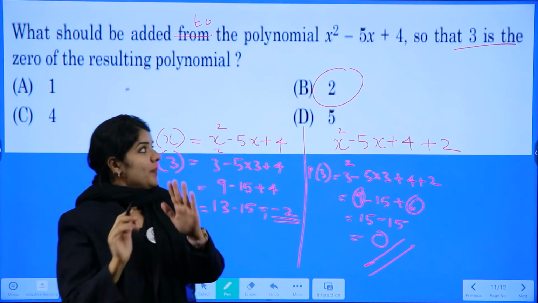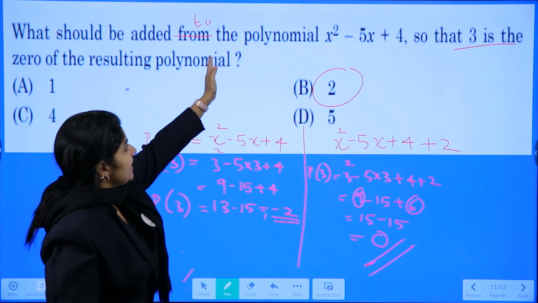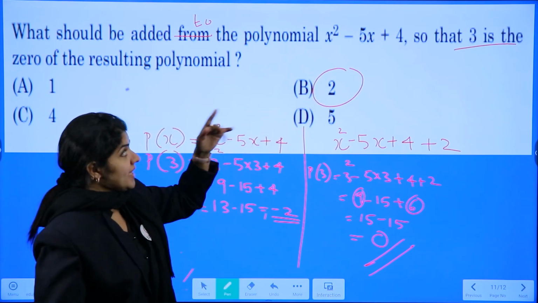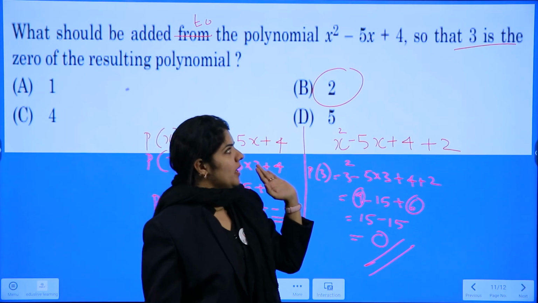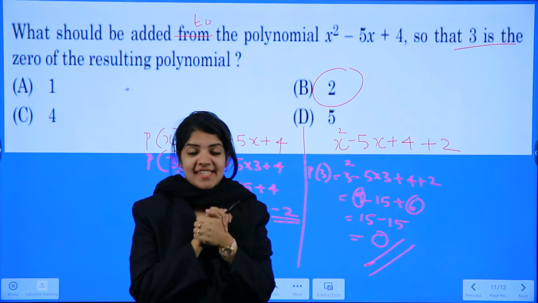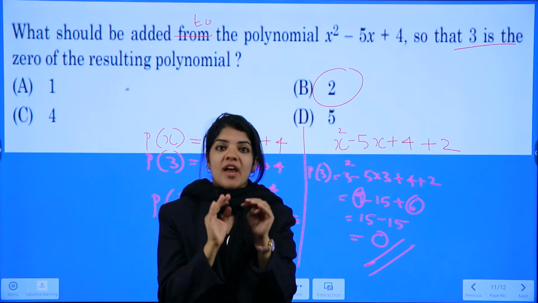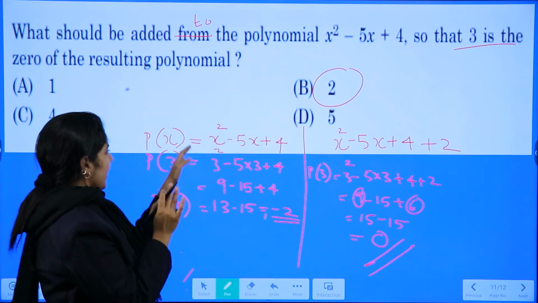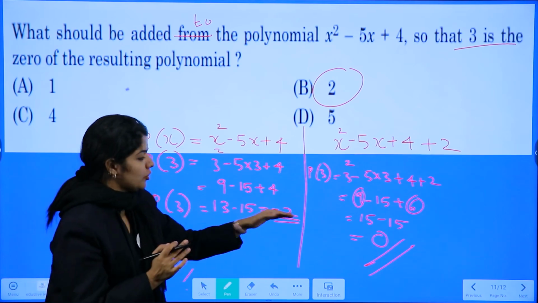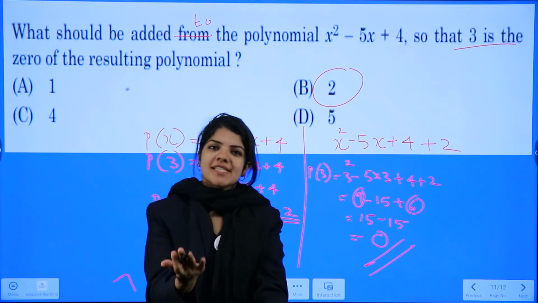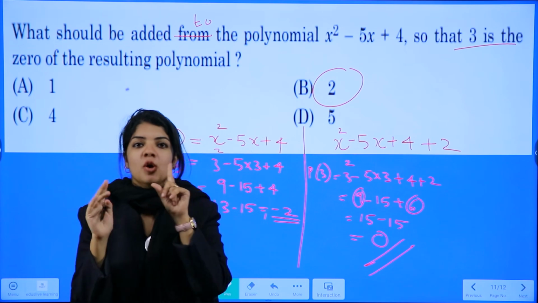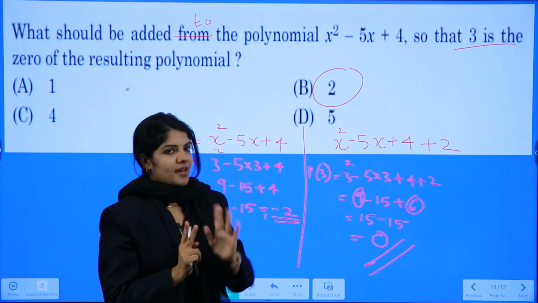Okay, so I will repeat this. We have to find the number that should be added to this polynomial. And it is given 3 is the zero. If 3 is the zero, we can first substitute the x value as 3. When we substitute x value as 3, we get P of 3 is equal to negative 2. To take the opposite sign of that number is positive 2. So 2 is the correct answer.